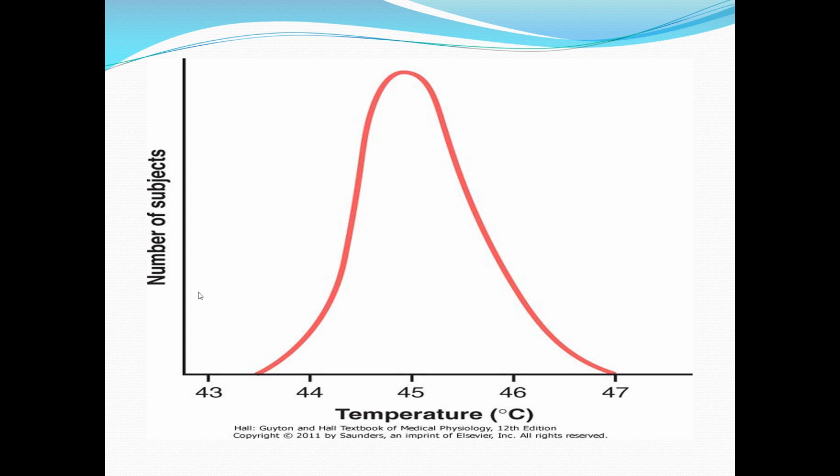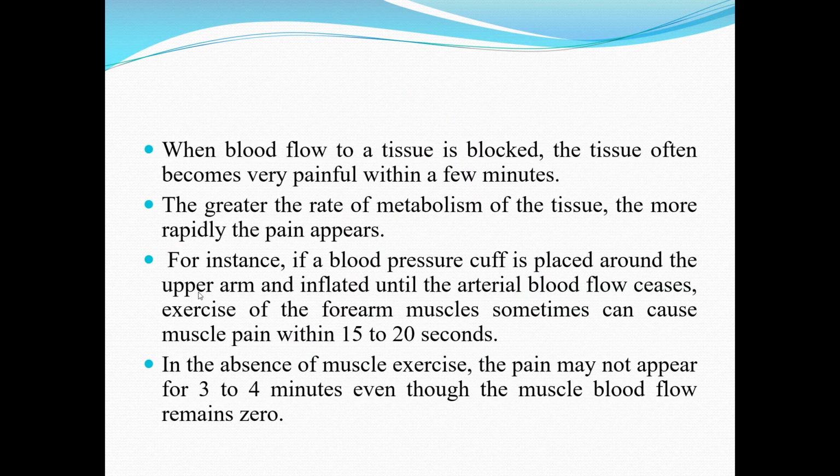You can see. Now, when the blood flow to a tissue is blocked, the tissue often becomes very painful within a few minutes. The greater the rate of metabolism, the more rapidly the pain appears. Why is it so? Because the greater the rate of metabolism, the more ATP is required, and the more lactic acid is produced.